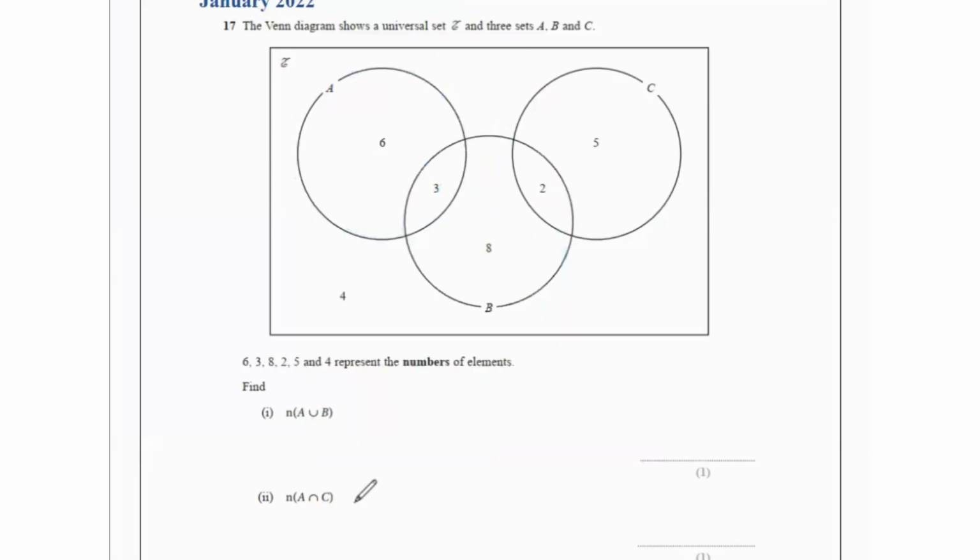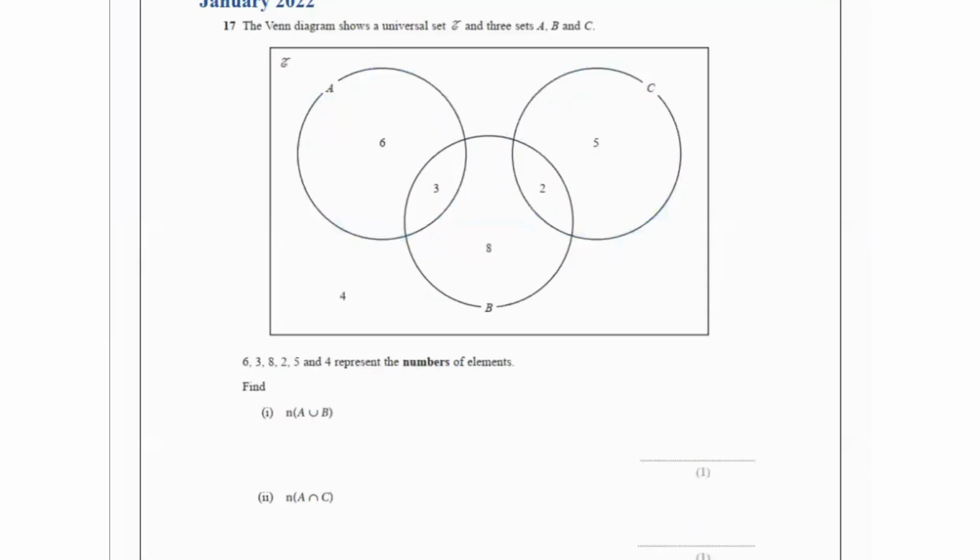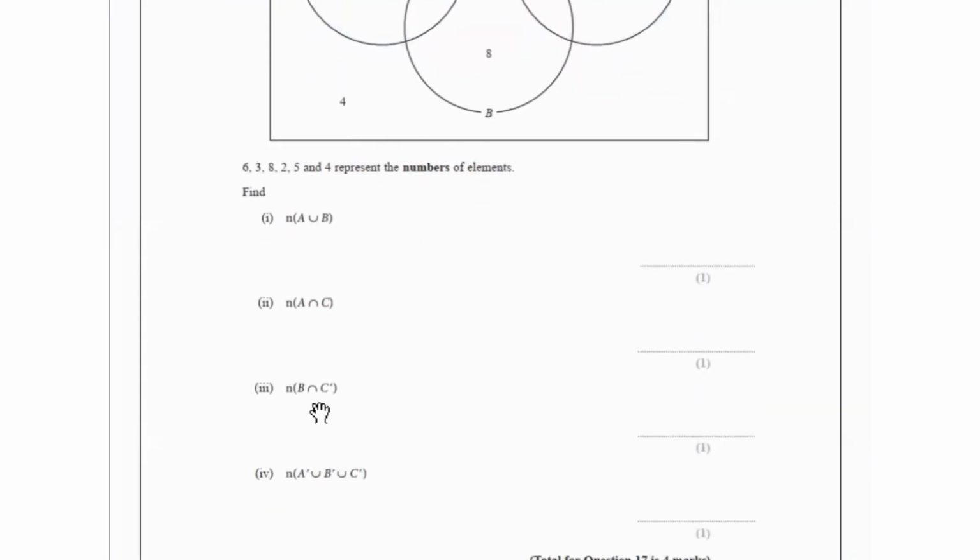Then it says the number of A intersection C. So if you look at the Venn diagram, this is A and this is C. There is no intersection happening between A and C, which means there are 0 elements for this. Then it says number of B intersection C complement.